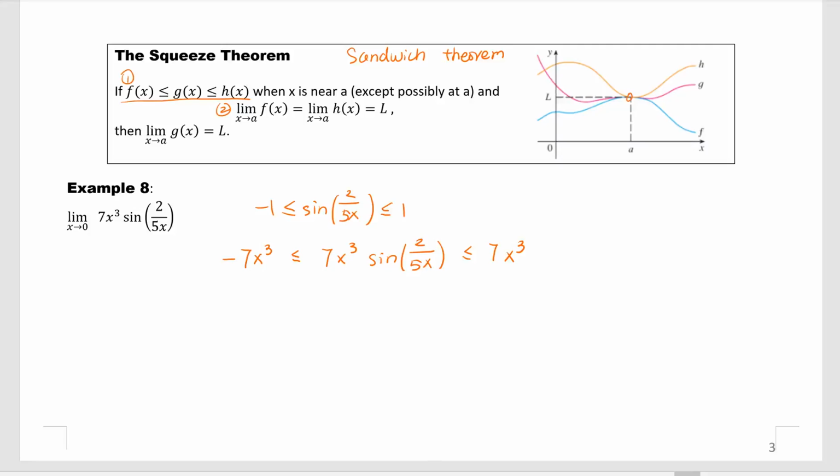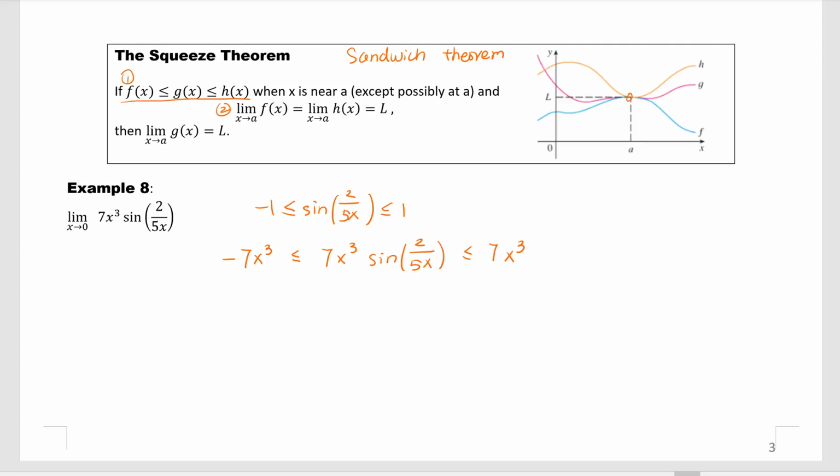Is that right? Well, you have to be careful, because if you add or subtract any number, the inequality sign won't change. If you multiply or divide by a positive number, the inequality won't change. However, if you multiply or divide by a negative number, the inequality will flip.